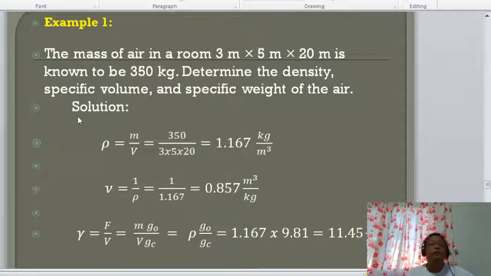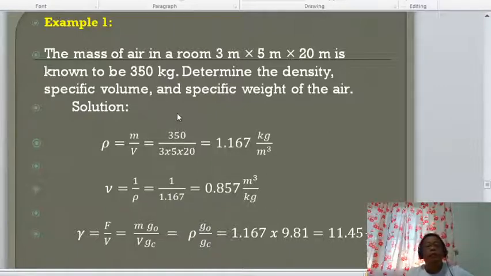Knowing that density equals mass over volume, and the mass is given as 350, and the volume is 3 multiplied by 5 multiplied by 20, the density now is 1.167 kilogram per cubic meter. And knowing that the specific volume is the reciprocal of the density, 1 divided by that density, it is 0.857 cubic meter per kilogram.